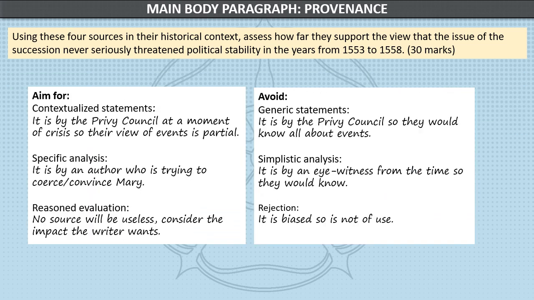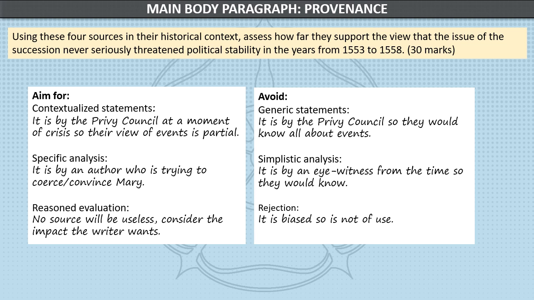Before we finish our paragraph, let's have a look at how we can analyse provenance successfully. So on this slide you can see some moves to make, some recommended moves, and also some moves to avoid. So what we're looking for are contextualised statements.